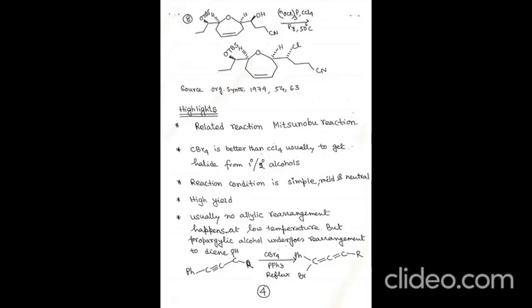Now coming to the application of this Appel reaction in very complex natural products with so many chiral centers, the advantage of this reaction is the mildness of this reaction. Side reactions and rearrangements usually do not happen at low temperature. So this reaction proceeds with primary or secondary alcohols.